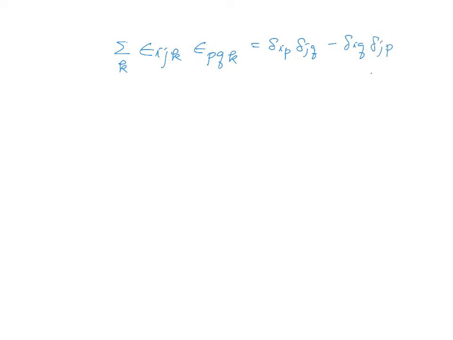And using this property, you can get A cross B cross C equals B(A·C) minus C(A·B). And I gave you homework to prove this relationship using both the Levi-Civita symbol and the traditional way.